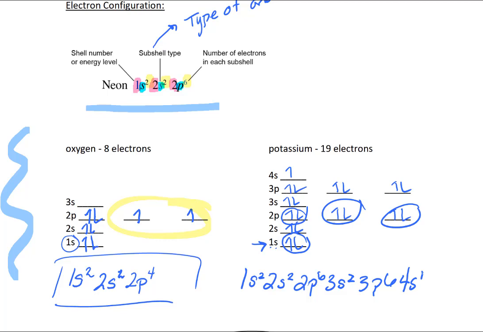So probably two things to talk about here real quick would be the difference between an orbital and a subshell. So when we look at our 2p, when I consider this entire thing, this is a subshell. The p is a type of orbital, and in the 2p you have 3 of them.